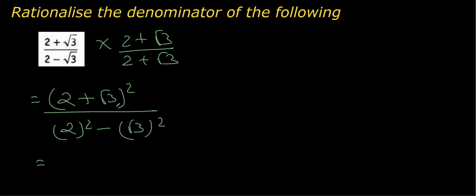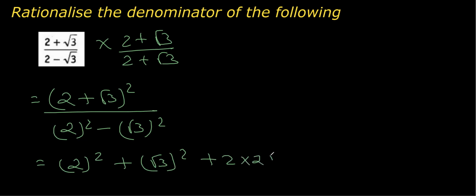Now what you'll do next is apply the a plus b whole square identity, which is a square plus the square of the second term, that is b square, plus 2 times a into b. Clearly a is 2 and b is root 3. And below it is 2 square, which is 4, and root 3 square is 3.